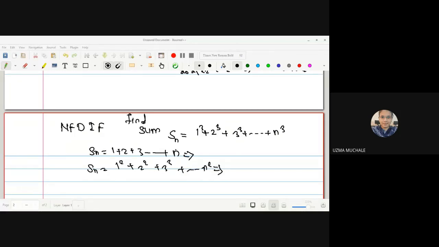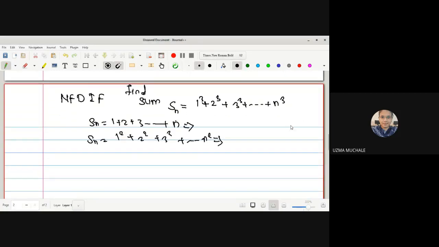Ma'am, delta Sn is n plus 1 bracket cube. So delta S1 is 8 na? 8. Yes, ma'am. Okay. What about delta square S1? I hope everyone is solving this. Note this delta S1. Okay.